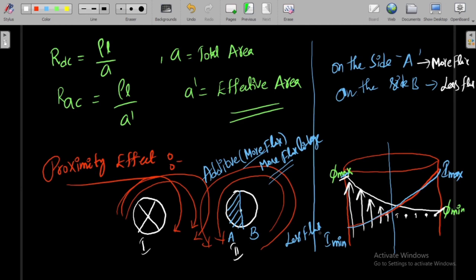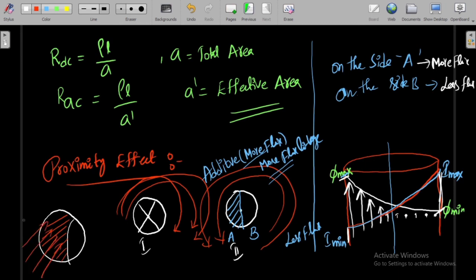You don't have uniform distribution of current, because you have less current here and more current here. So if you take this as a conducting portion, you have maximum current flowing through this portion, like this.